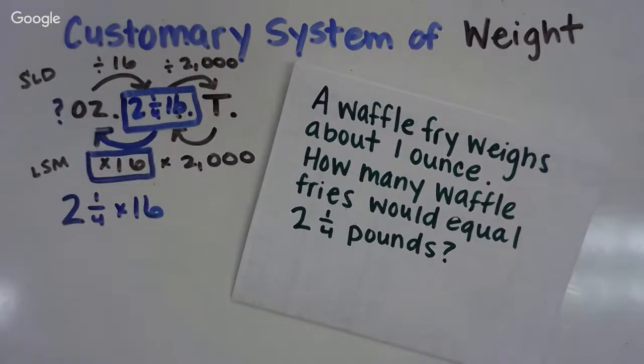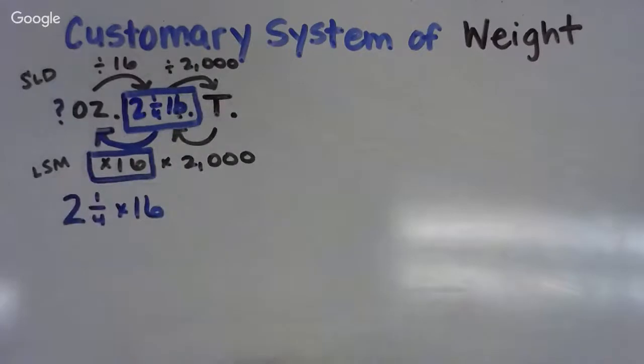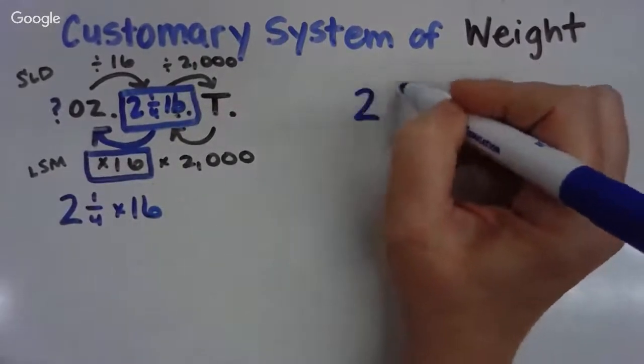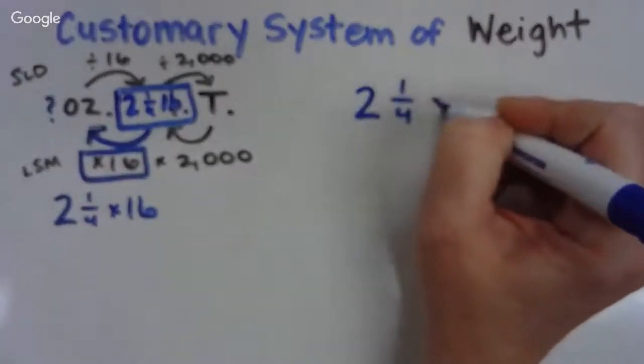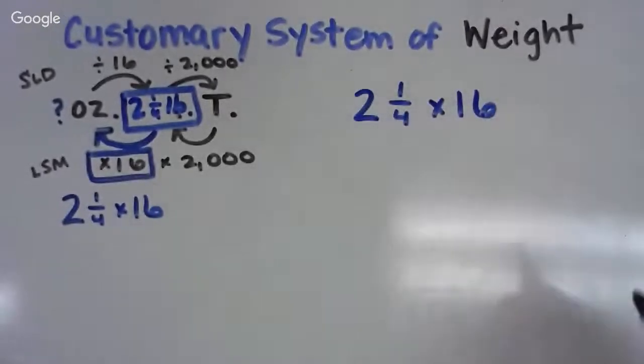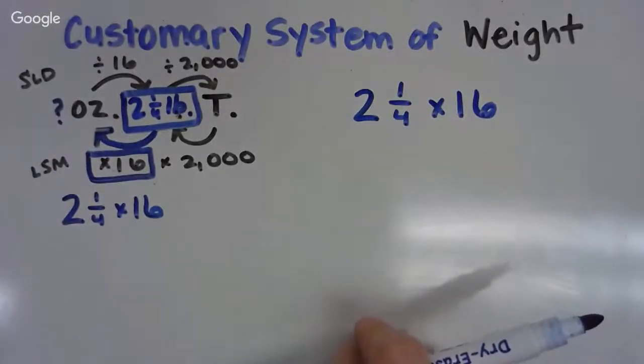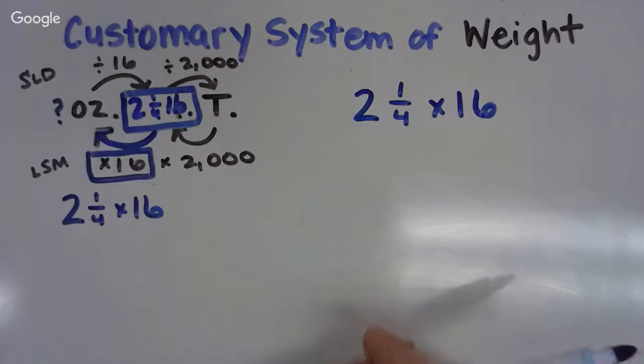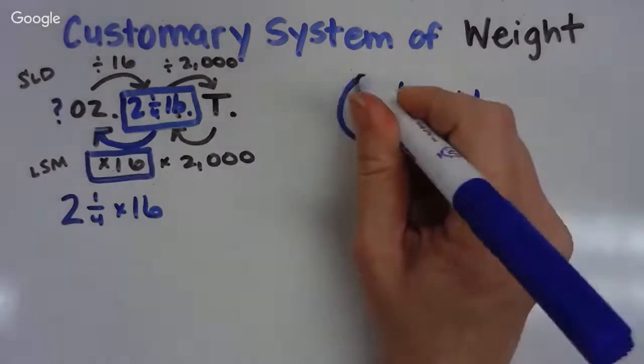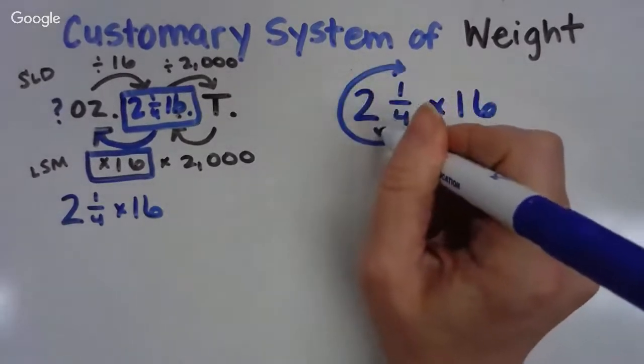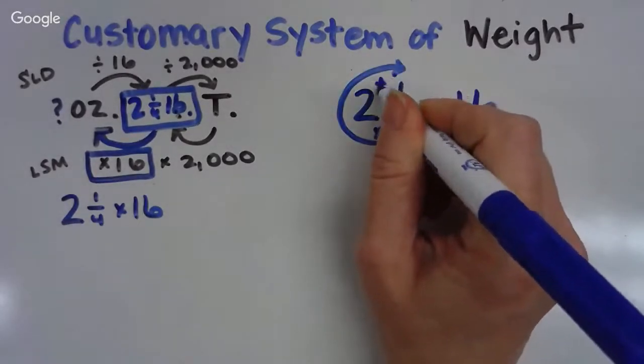I can put this together like a numerical expression now and solve it to find the answer to my question. Ooh, we have some opportunities to multiply fractions here. I'm going to move this just to give us a little bit more workspace so we can think about what we've practiced with multiplying fractions, really mixed numbers and whole numbers. The first thing that I do is I change this into all fraction form. Remember we've said, you multiply the bottom and you add it to the top.